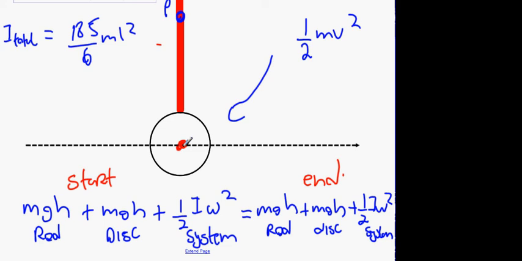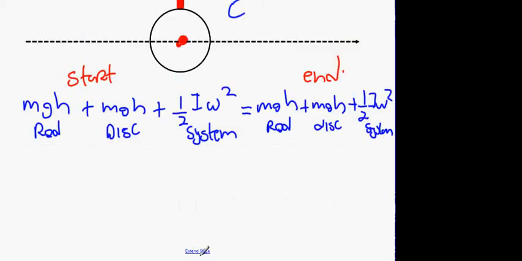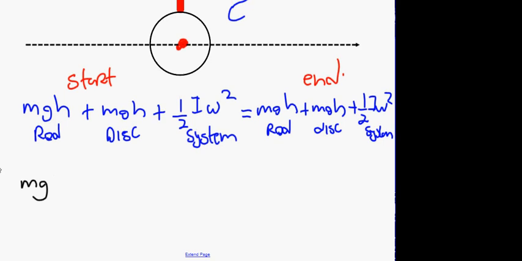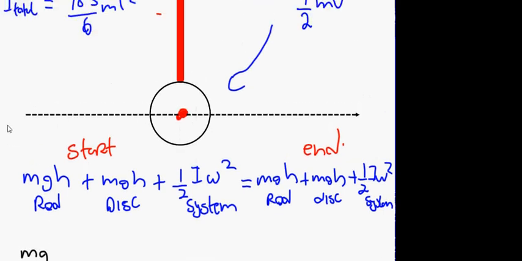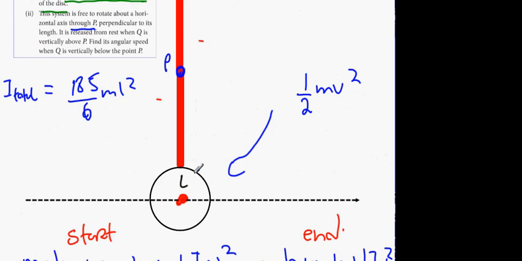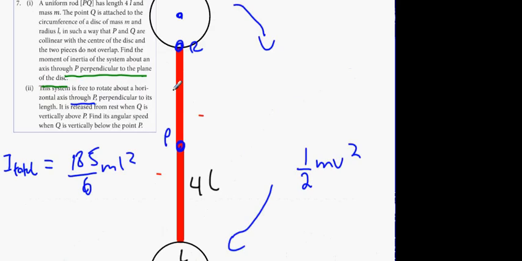Okay? Now, let's begin. How far is the rod above ground at this point? The rod is mg, and how far above is it? This is L, this is 4L, and up here, that's the centre of gravity of a rod, isn't it?